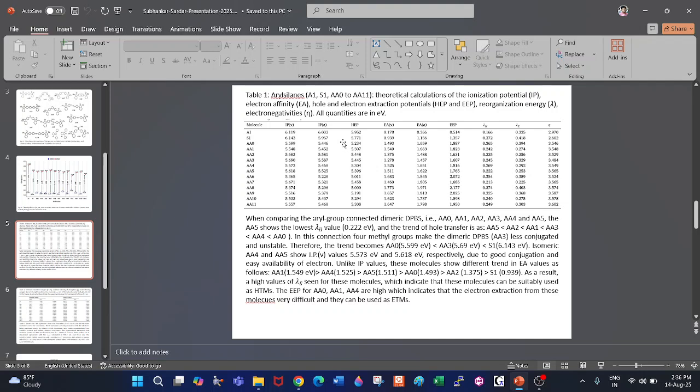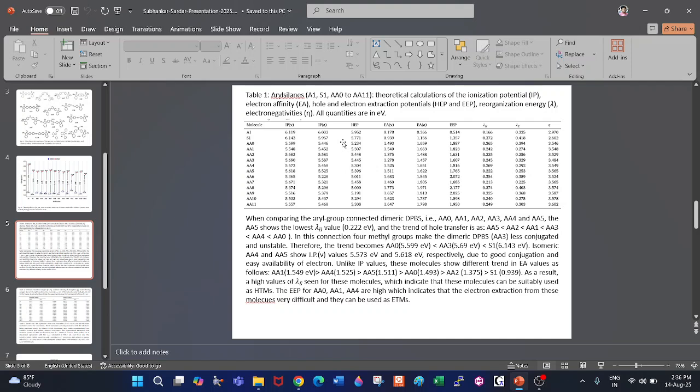In this connection, 4-methyl groups make the dimeric DPBS less conjugated and unstable. Therefore, the order becomes AA0 is less than AA3 is less than S1. Isomeric AA4 and AA5 show ionization potential values of 5.57 and 5.61 electron volt respectively, due to good conjugation and the easy availability of the electrons.